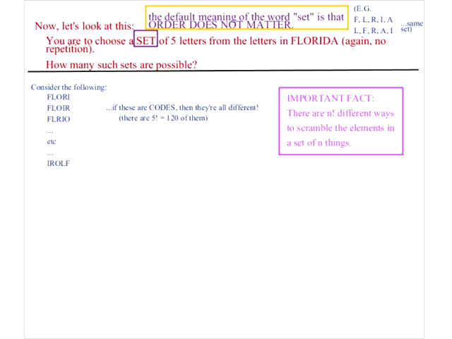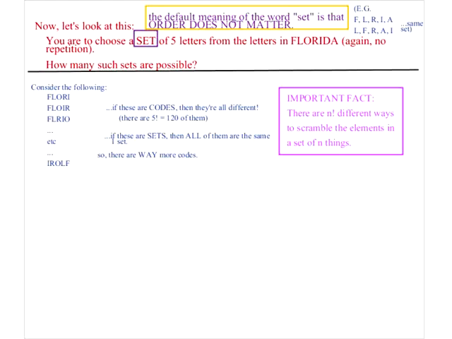If these are sets, then all of them are the same one set. So there should be way more codes.